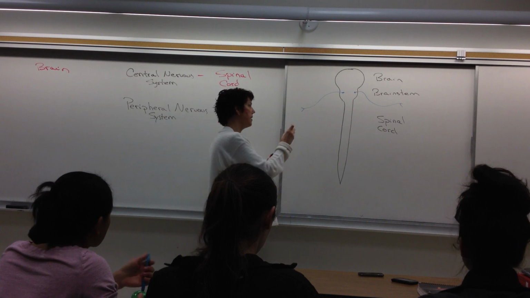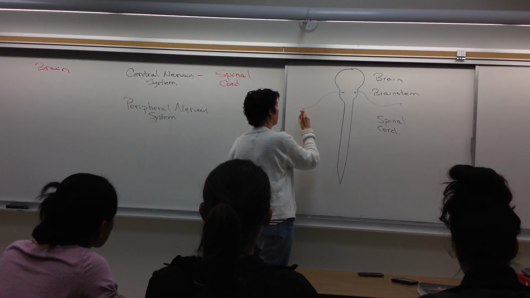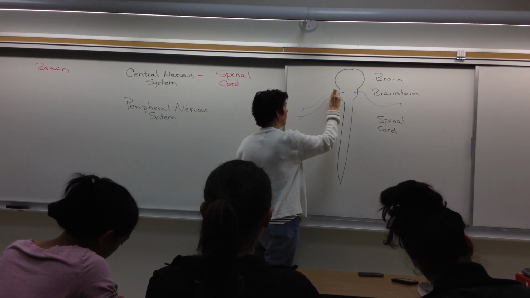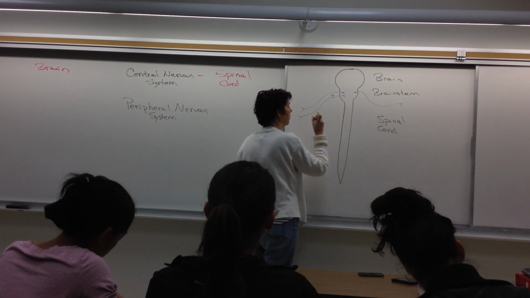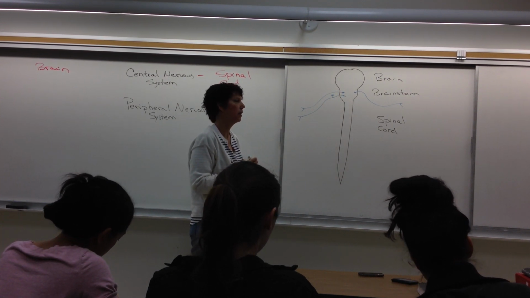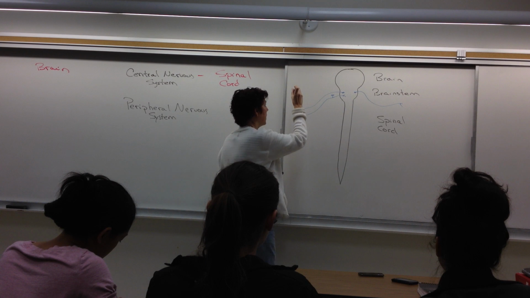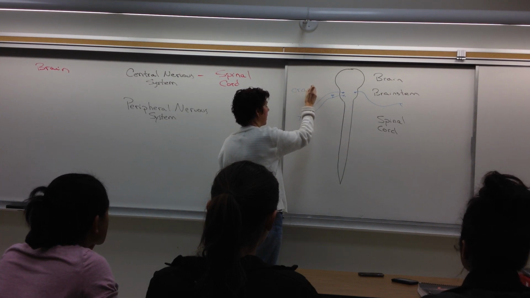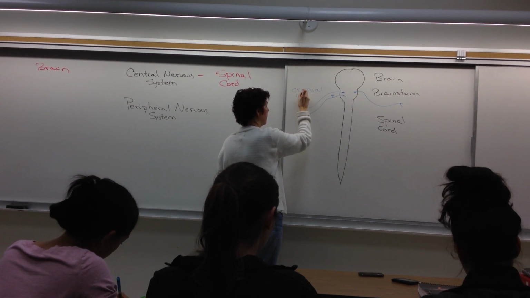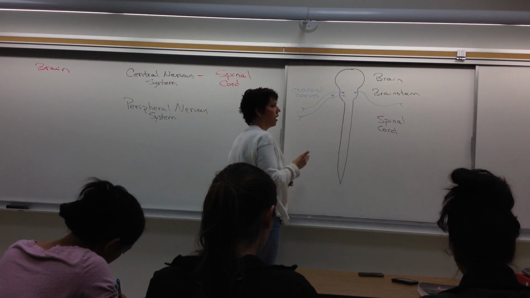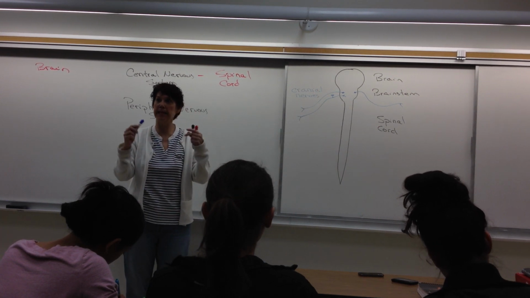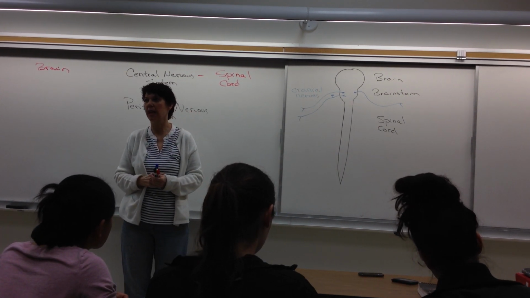And then we would have sensory neurons bringing some information back. These would be identified as cranial nerves. In our lecture, when we talk about the brainstem, we'll be discussing the 12 cranial nerves and what they do.